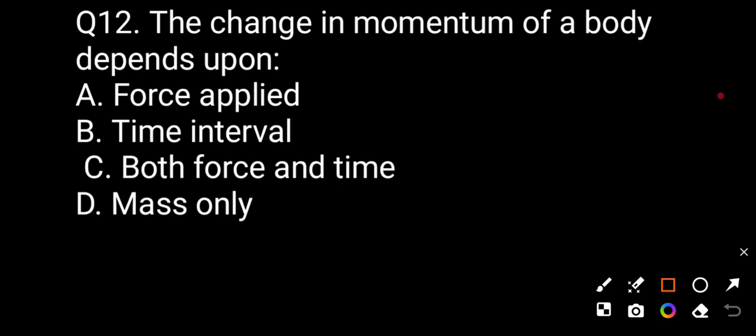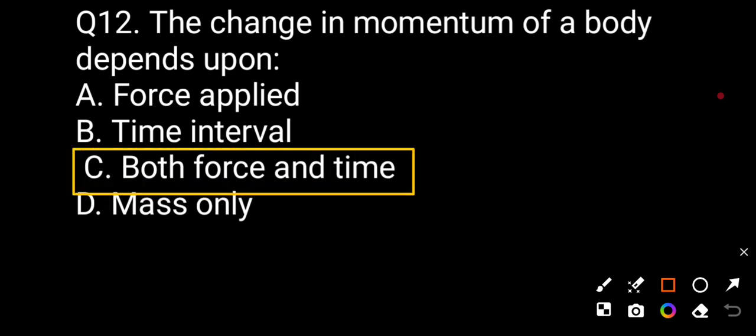Now question number 12. The change in momentum of a body depends upon: force applied, time interval, both force and time, mass only. The correct answer will be both force and time.